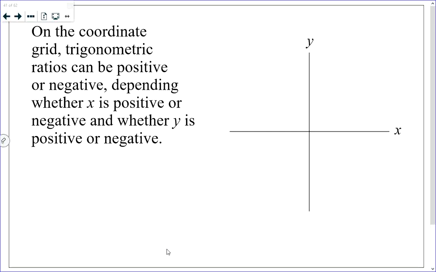Now, this is a little overwhelming, but I just want you to remember that since x and y can be positive or negative on the grid, r is always positive, by the way, then sine, cosine, or tangent, and consequently cosecant, secant, and cotangent can be positive or negative as well.